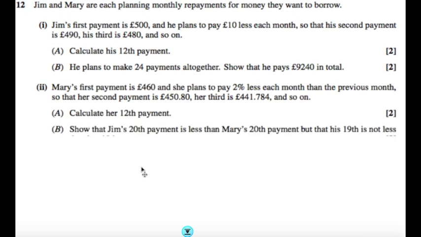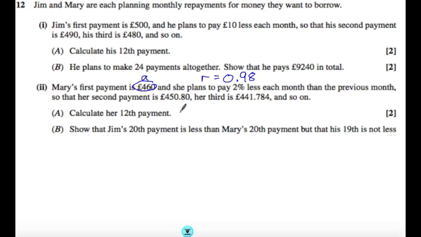Right, Mary's first payment is £460 and she plans to pay 2% less each month than the previous month. So she's got now a geometric progression. Calculate her 12th payment. So here, her A is 460 and then R, the common ratio, we've got to think what takes off 2% each month. So that would be 0.98.